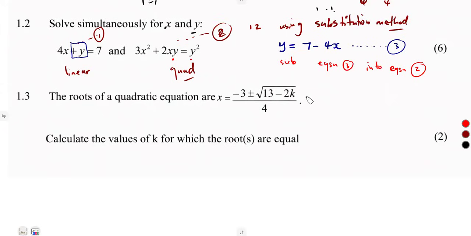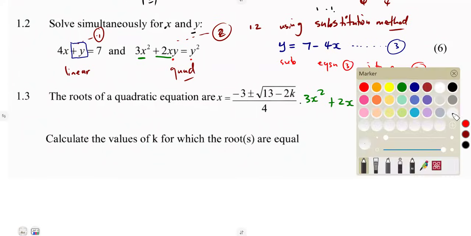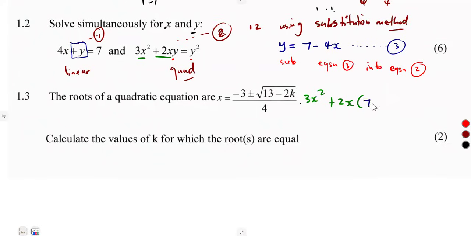All right, so this was going to be 3x squared plus 2x, but y is what? Represented by 7 minus 4x. So in place of y, you're going to put 7 minus 4x, all right? That is 2xy, but y is what? 7 minus 4x.